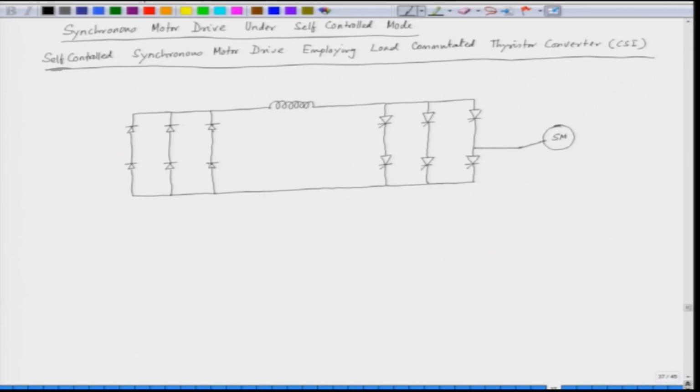This is phase C, phase B here, and phase A. So, this is A, B and C. The synchronous motor has a field winding; the field is separately excited and is fed from a DC supply.